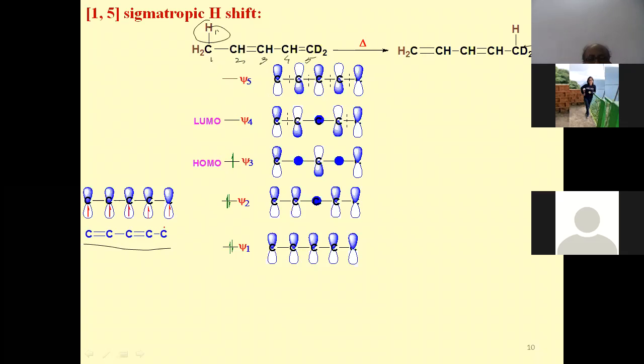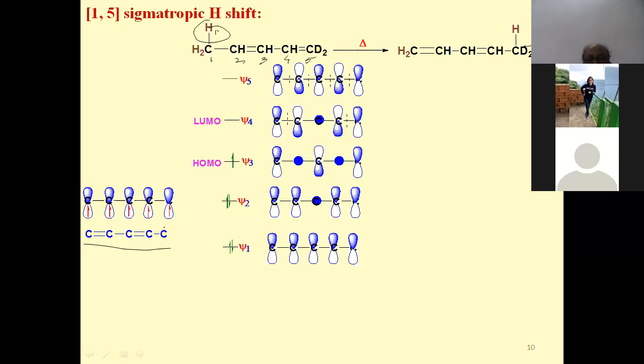The second one will have one node, so that falls in that p orbital in the middle. The third one will have 2 nodes, so it will be distributed here. The fourth one will have 3 nodes, 1, 2, 3, so this node falls on the orbital itself. So here the orbital becomes perpendicular to this, so there is no overlapping here.